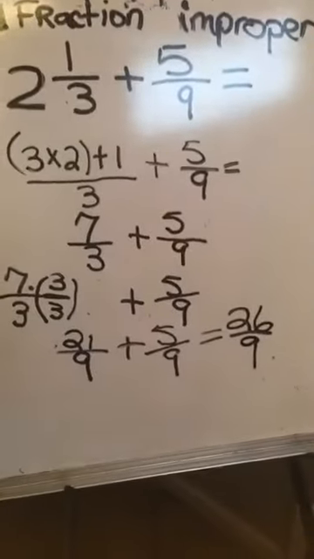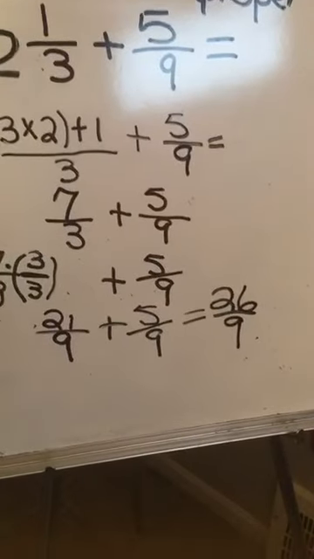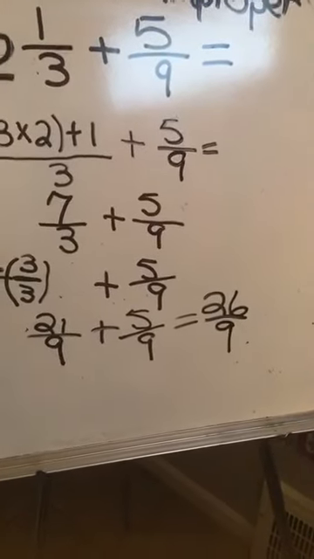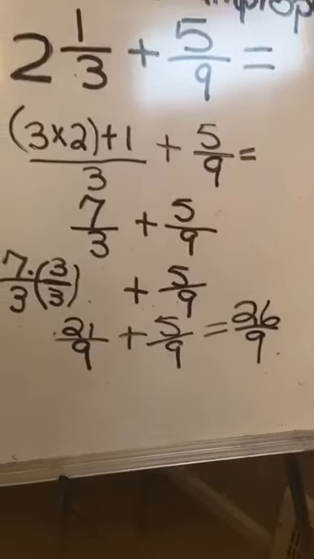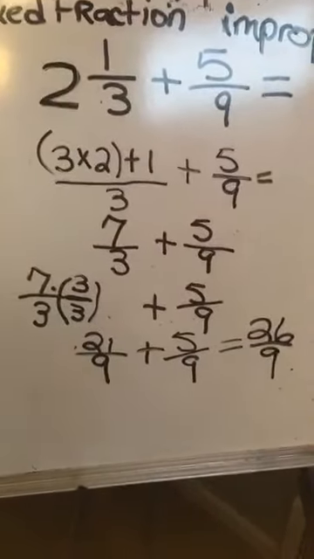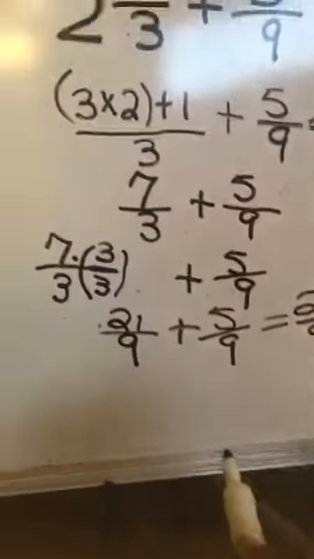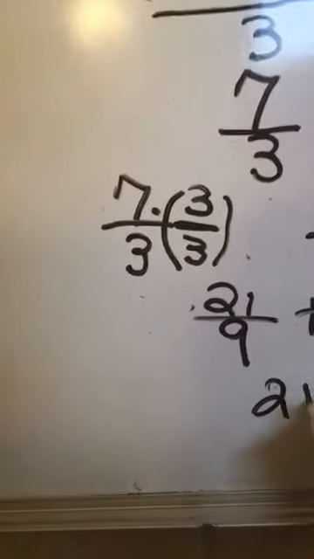Okay? Now, sometimes you may see it written like this, and please don't be confused. You know, there are a million ways to do math. This is just one way, okay? All right, so I'm going to rewrite 21 plus 5.